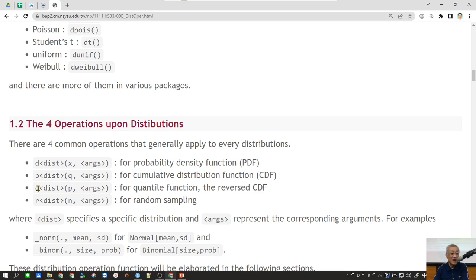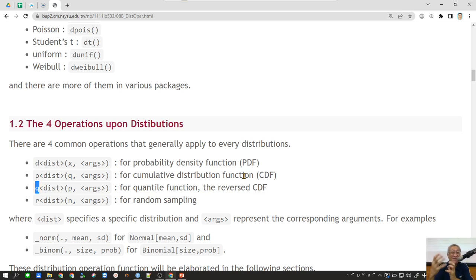The reason we call it quantile is because if I'm talking about 0.8, I mean that I want to get the value of x below which there is 80% probability. That's called the quantile. You specify the probability and you want to know the value of x. So it's the reverse function of the CDF. That could be a little confusing for those who are not very good at probability.